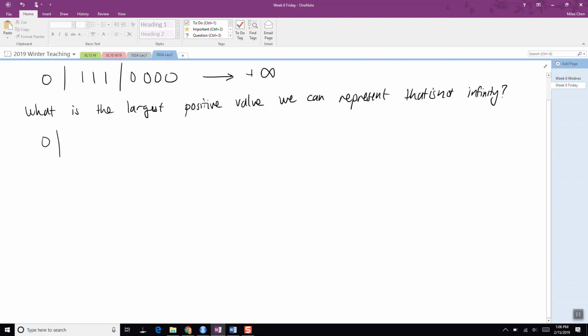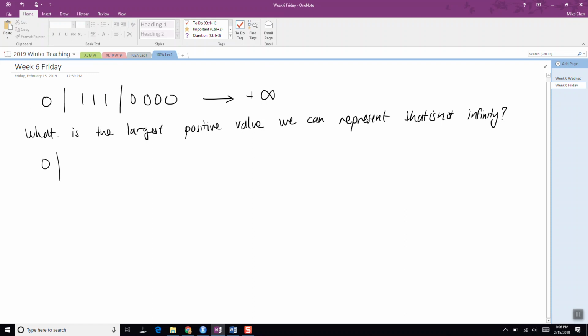My exponent will be 110, and what will I put in for the mantissa? 1111. Is that good?